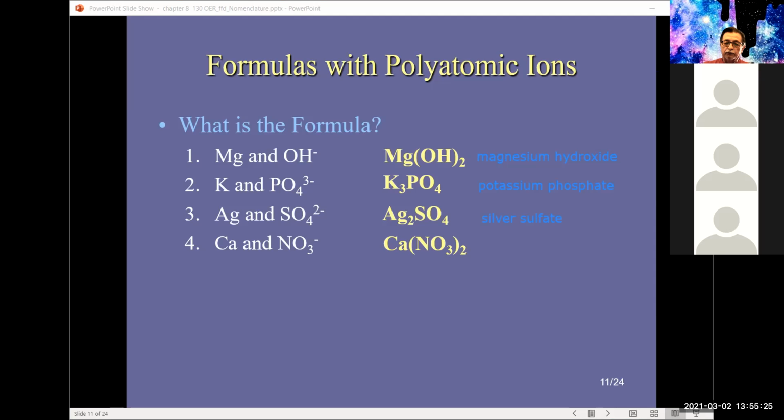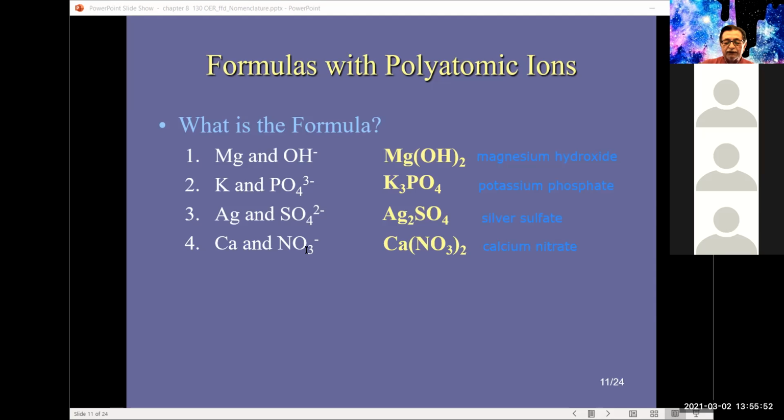Its name would simply be calcium nitrate, not the nitride. Nitride is the nitrogen all by itself, just like the sulfide would be the sulfur by itself, okay? So we got calcium nitrate.